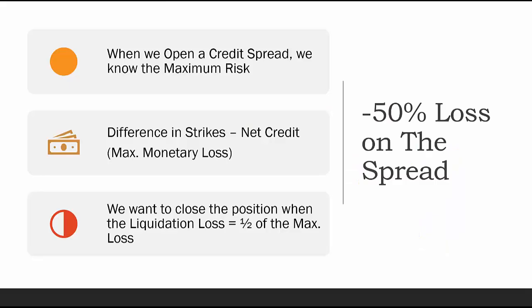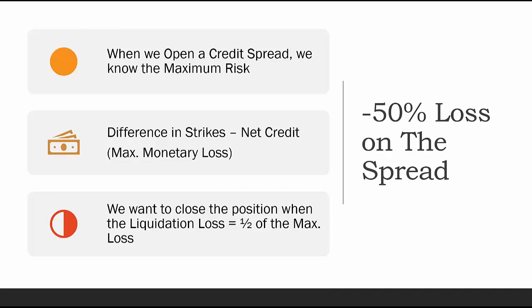The 50% loss on the spread. Whenever we open any credit spread or debit spread, we know the maximum risk. If the stock fell below both strike prices in a bull put credit spread or rose above both strike prices in a bear call credit spread, we would receive the full loss on the position.